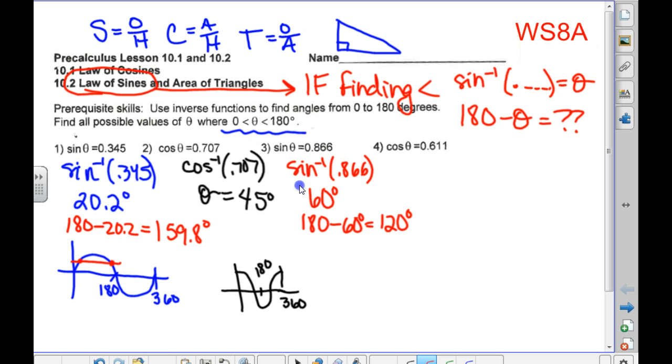If you type sine of 60, enter, sine of 120, enter, it's the same value, right? So we can't tell whether the angle we were looking for was 120 or 60. Whenever we do second sine, we need to remember that. And this one, only one answer when you do second cosine or inverse cosine.